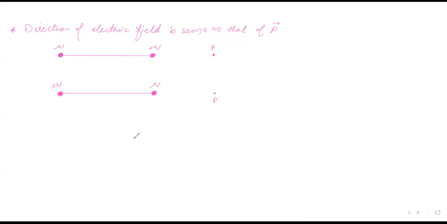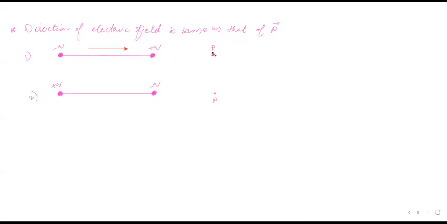Can you tell me what will be the direction of the field in the first case at point P? We already know the direction of the dipole is always from negative to positive charge, in this direction. So the direction of the field will also be the same.